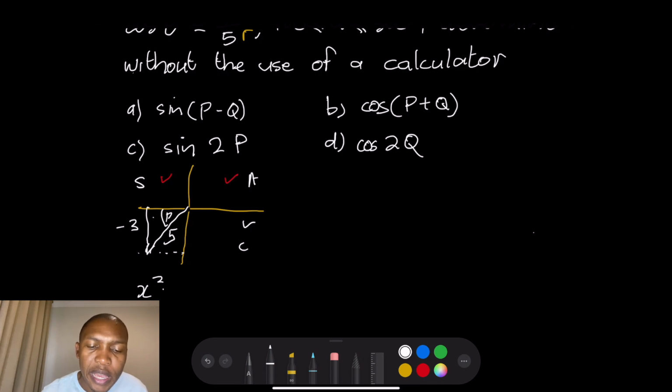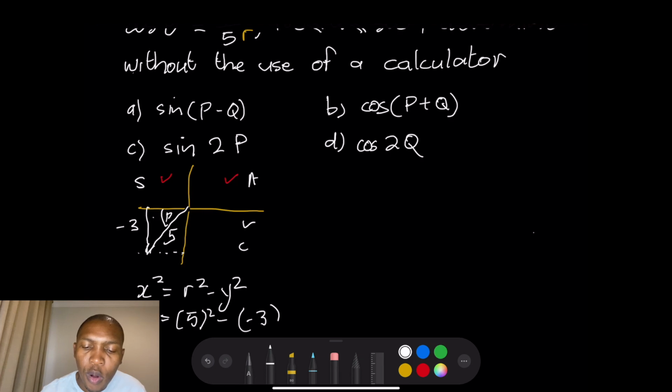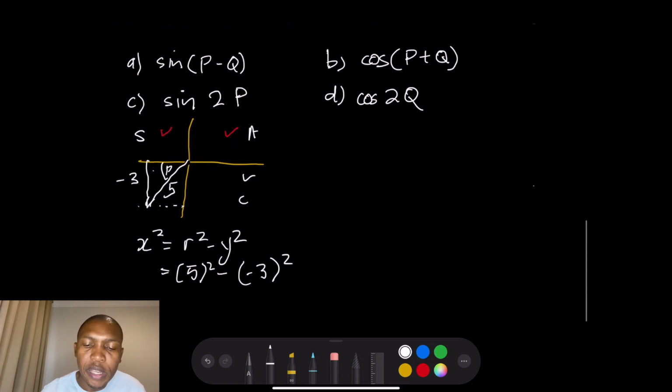Again, we're going to say x squared is equal to r squared minus y squared. So that's going to be 5 squared minus our y, which is -3, all squared. You put that in brackets. In this case, that's 25 minus 9, and of course we're going to get 16 for that.